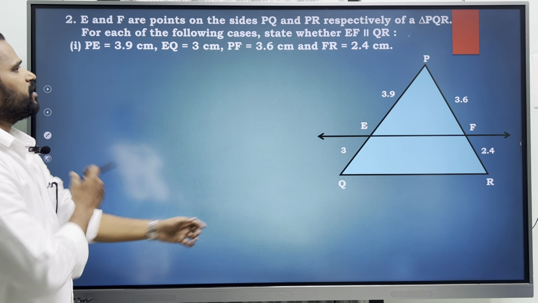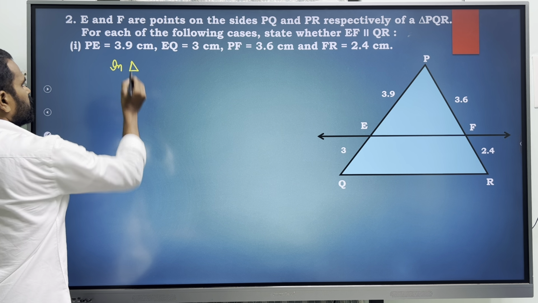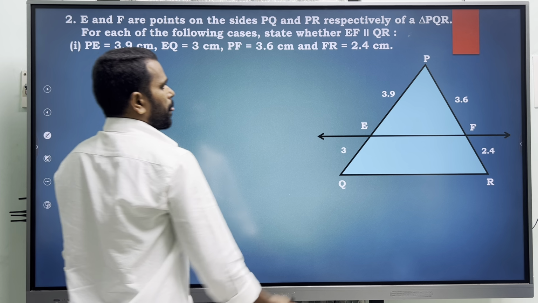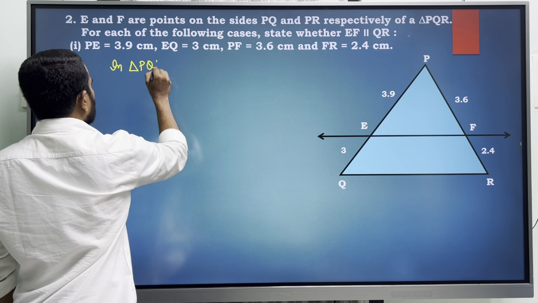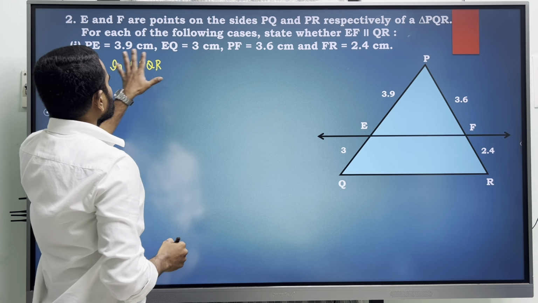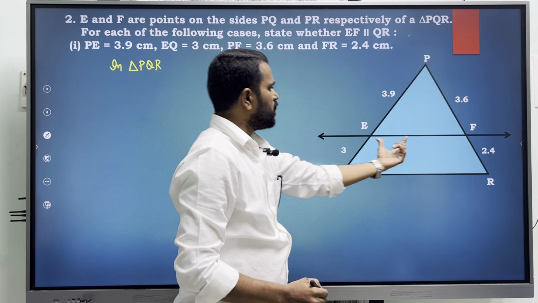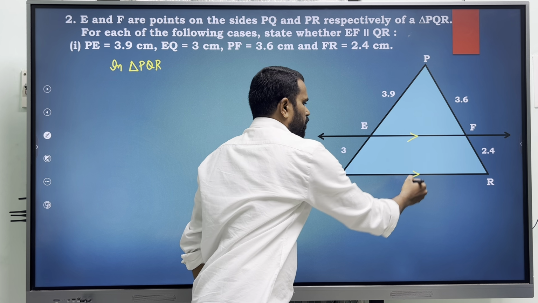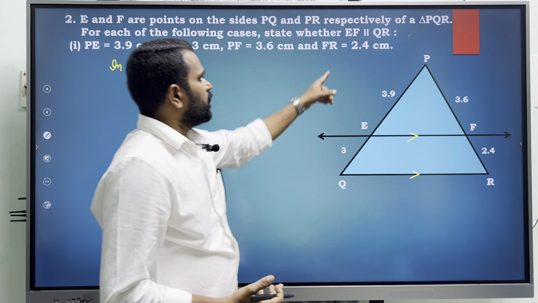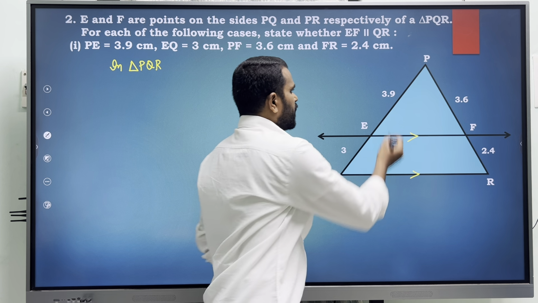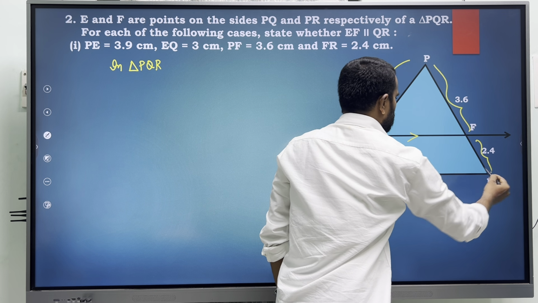So what we will do is, in triangle PQR, some ratios are given. We need to prove EF parallel to QR. This is the converse of BPT. If this should be parallel, then these sides should be in the same ratio.